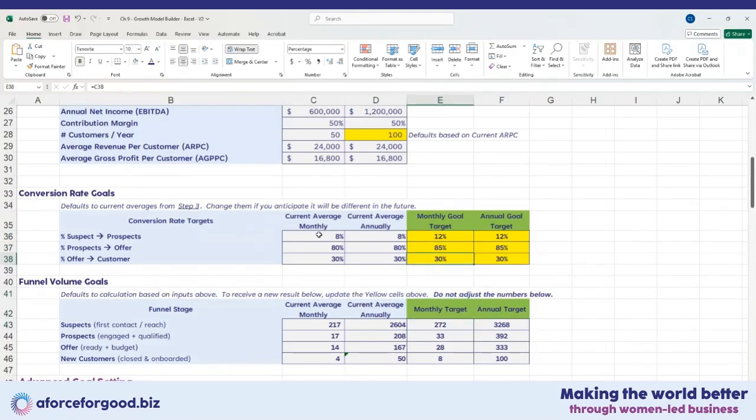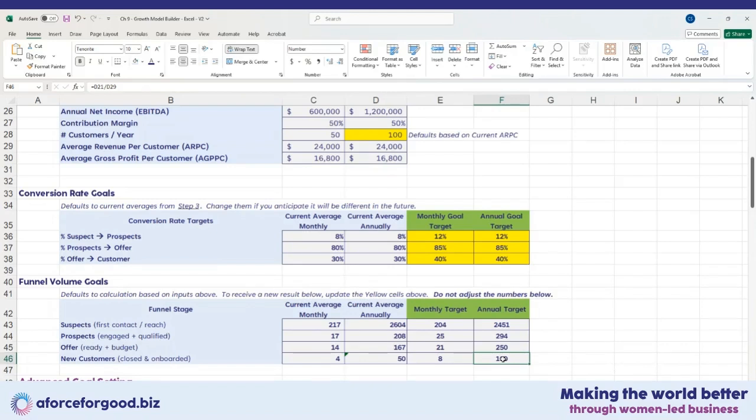So then you can say, I want to increase my offer to customer from 30% to 40%. That's going to increase new customers I'm going to get from 4 to 8 monthly, or 50 to 100 annually. So notice how tweaking creates powerful results by making improvements in the funnel.